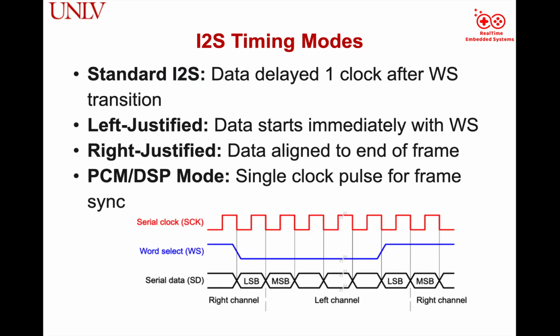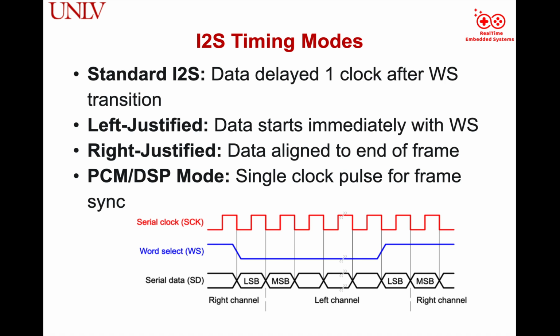Let's talk about I2S timing modes. I2S supports several timing modes: standard mode with one clock delay after the WS transition, left-justified and right-justified modes for different alignment, and PCM DSP mode using a single frame sync pulse.